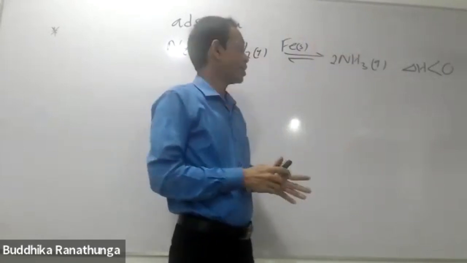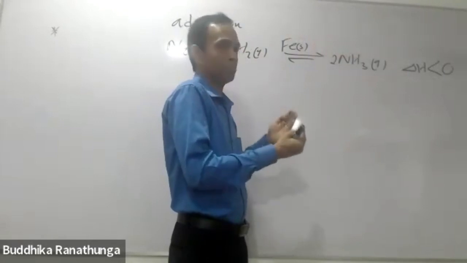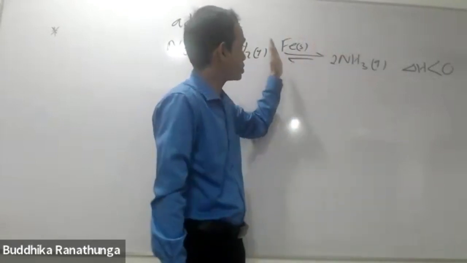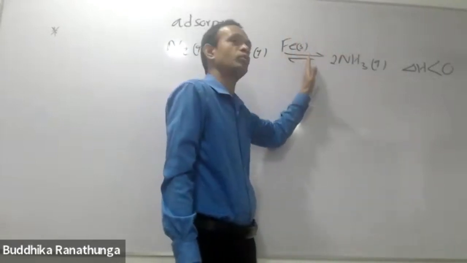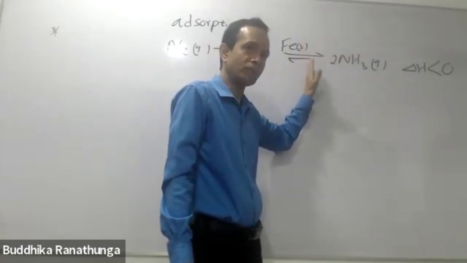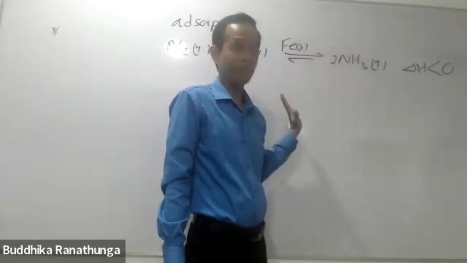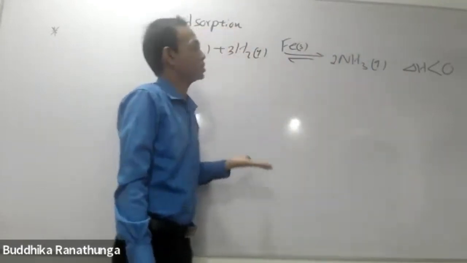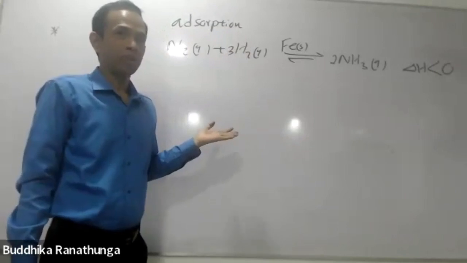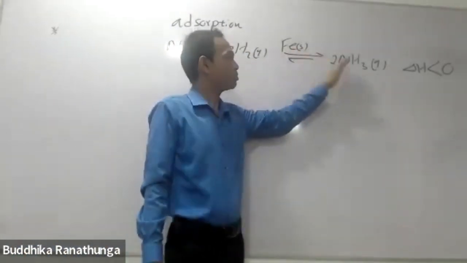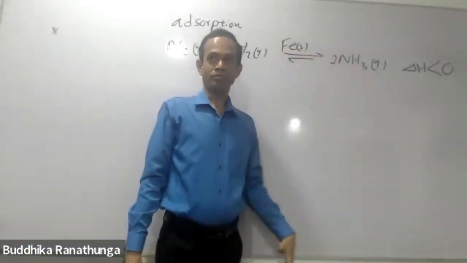Okay, right. Then to get the maximum product, we have to shift this point of equilibrium as much as to the right hand side. Okay, right.